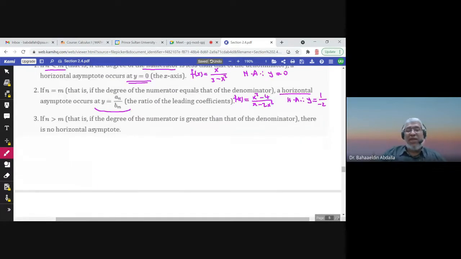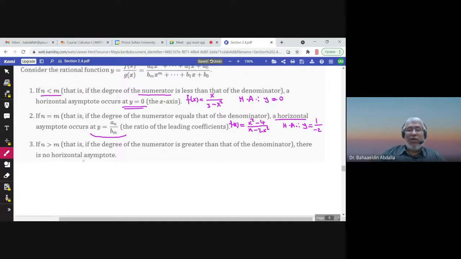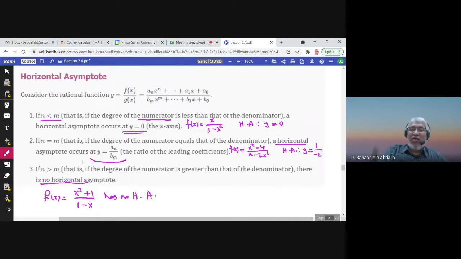While if n is greater than m, if the degree of the numerator is greater than the degree of the denominator, then there will be no horizontal asymptote. For example, f of x equals x squared plus 1 over 1 minus x has no horizontal asymptotes because the degrees are 2 and 1. So these are the three cases for rational functions.